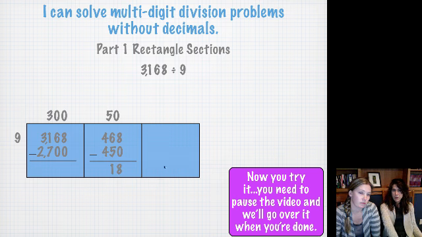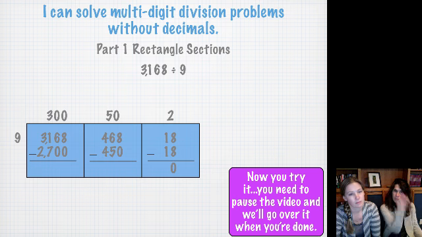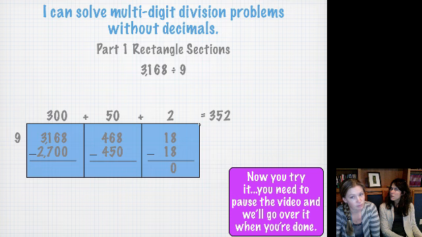And we're going to have one more box then. We're going to move our 18 over here. And this time I'm thinking to myself, well, finally, 9 times 2 will give me 18. And I get 0 again. So no remainder this time, which is perfectly fine. And now I just need to add up these 3 numbers here, and you should end up with 352.